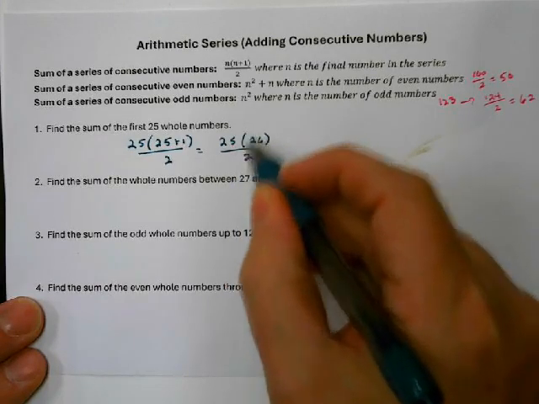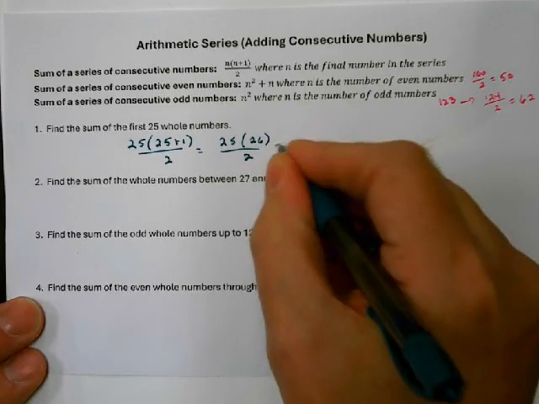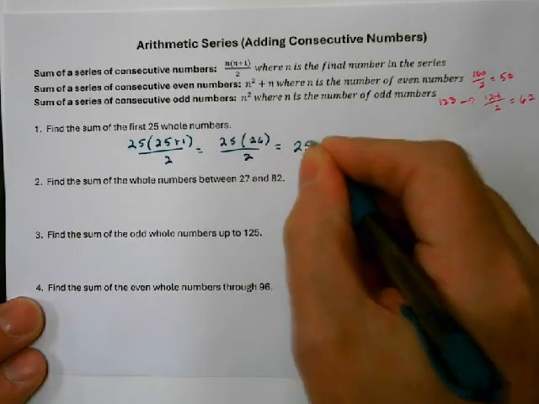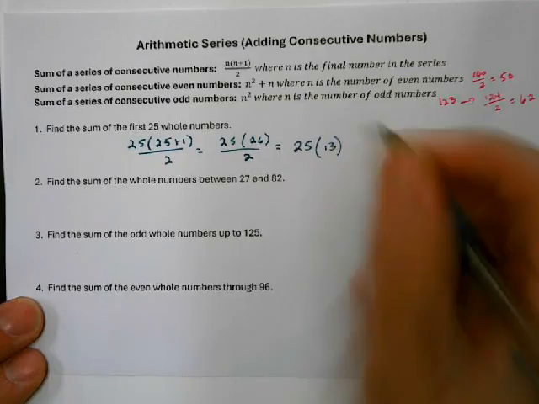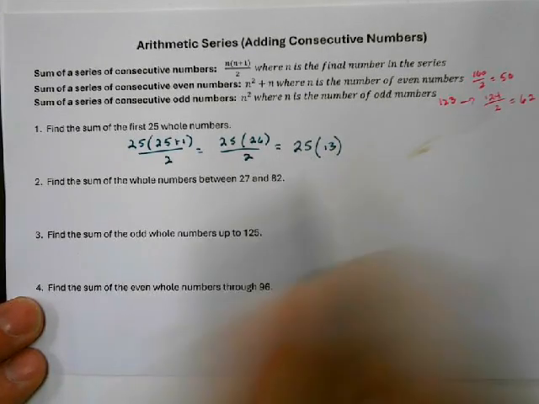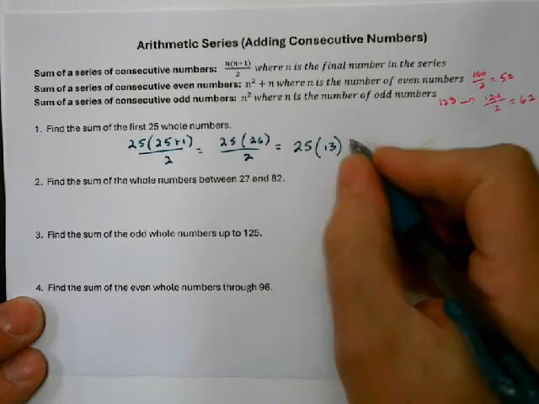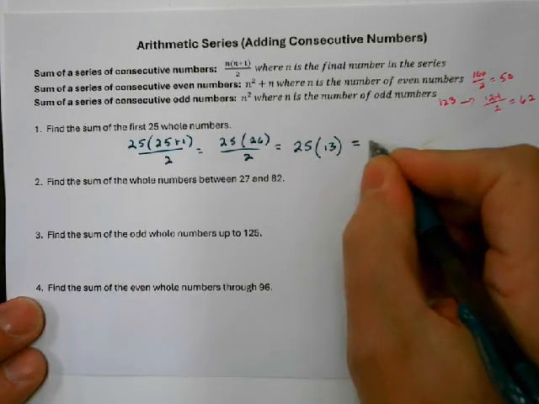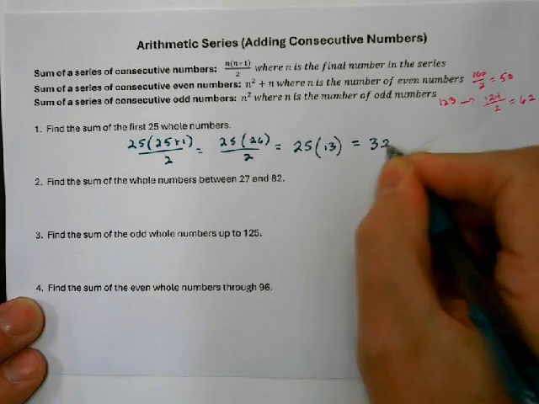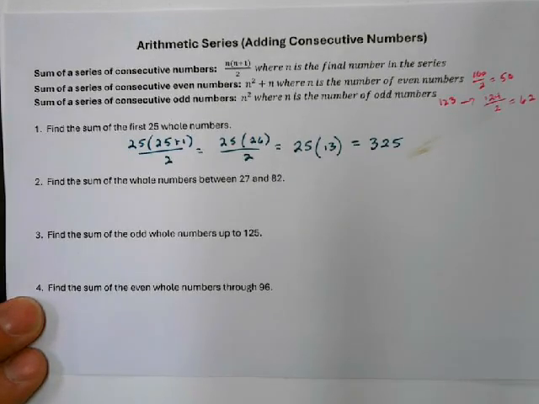I'm just going to reduce the even one. 26 divided by 2 is 13. And let's see, 25 times 10 is 250. 25 times 3 is 75. 250 plus 75 is 325. So there we go. The sum of the first 25 whole numbers is 325.